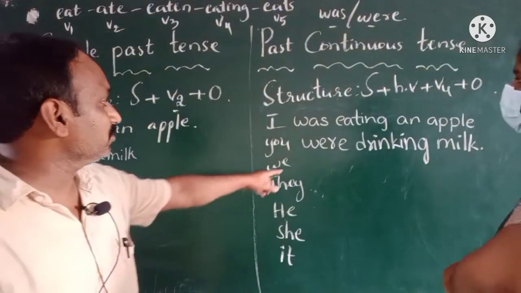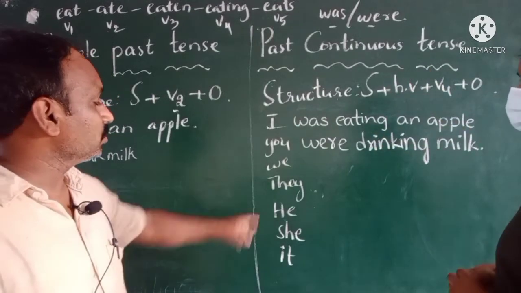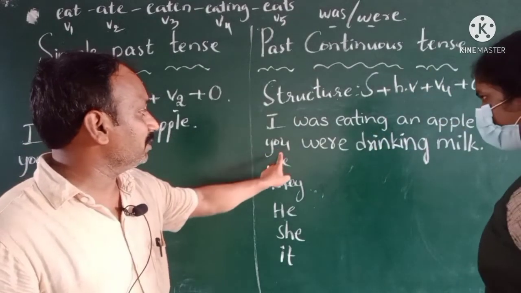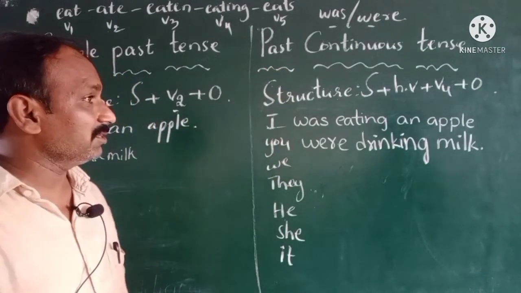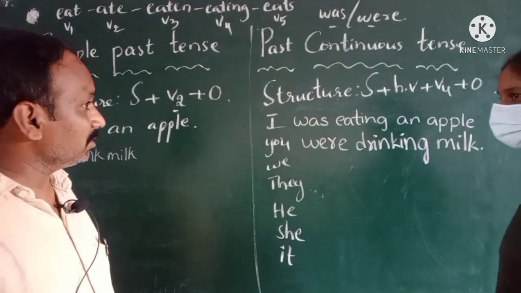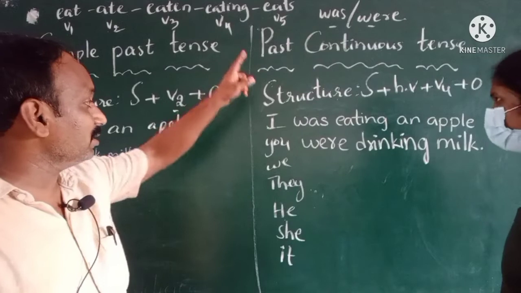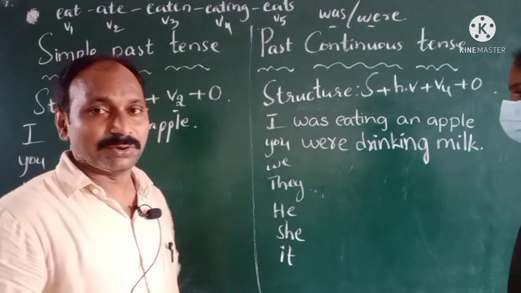Were. Why did you use were? It is the helping verb that agrees with the subject. So will was agree with the subject? Why? Because was drinking milk is not correct. Okay, that is singular. This is the plural subject and plural verb. Very good. Go on, please be seated.